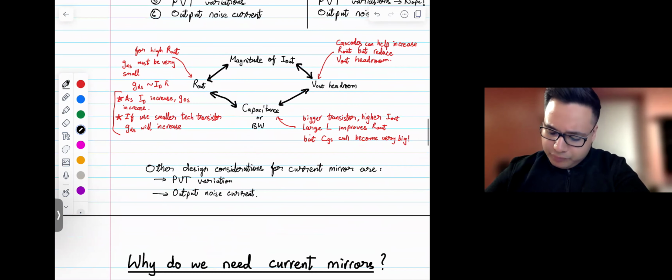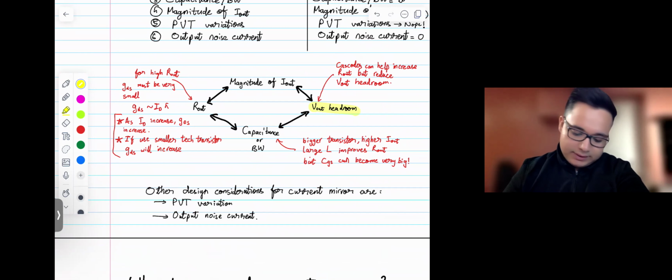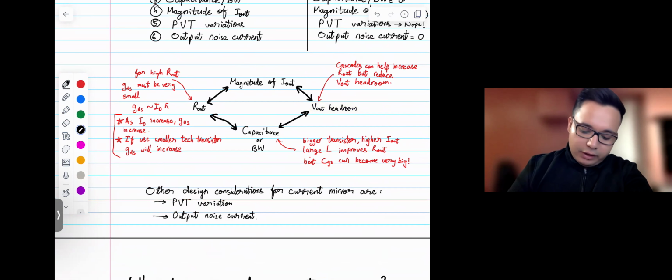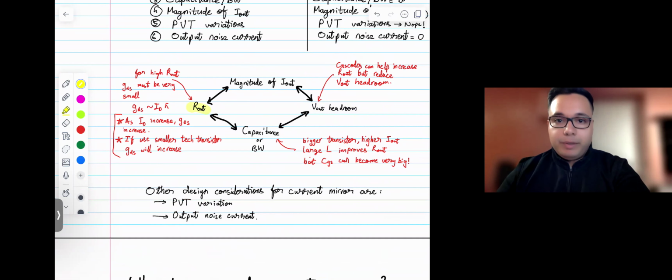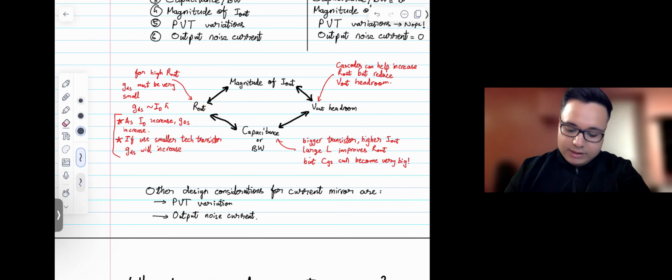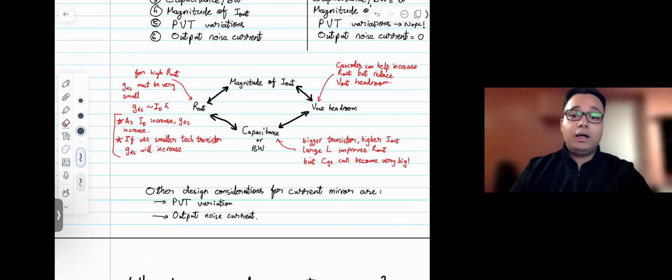Let's say we want to increase V out headroom and R out. One of the very common things to increase R out is to use a cascode current mirror. While that increases R out, we pay a price in terms of the voltage headroom that decreases in current mirrors. So you're trading off R out, the output resistance, with the voltage headroom.